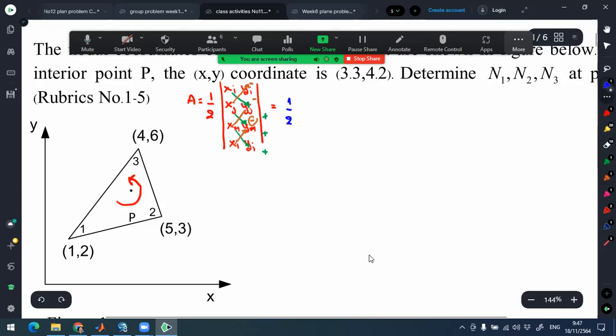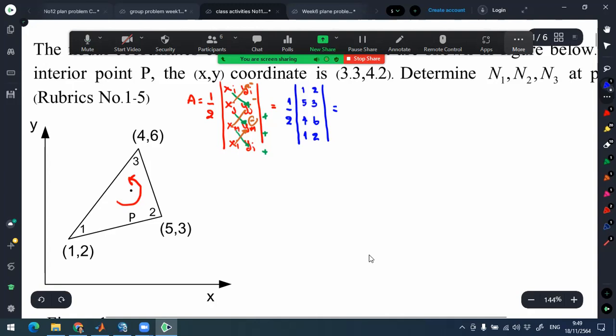It's equal to 1 over 2, right? The coordinate of node I is 1, 2, node J is 5, 3, and node M is 4, 6, and come back to node I again.